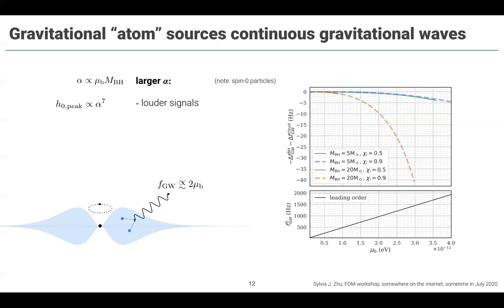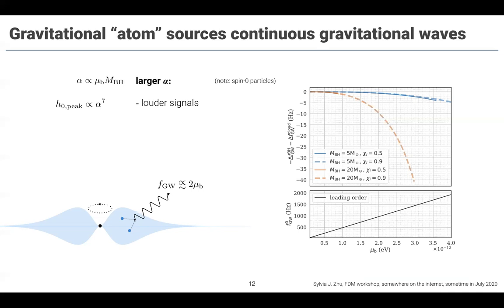As I said before, a lot of these properties depend not only on the formation of the gravitational atom, but also the gravitational wave emission depends on this fine structure constant alpha, which is a combination of the boson mass and the black hole mass. I should say that in all our studies so far, we're focusing on spin zero particles, so scalar particles.